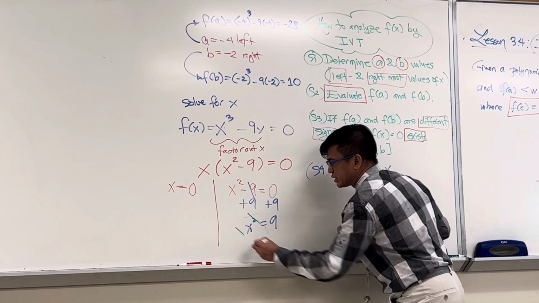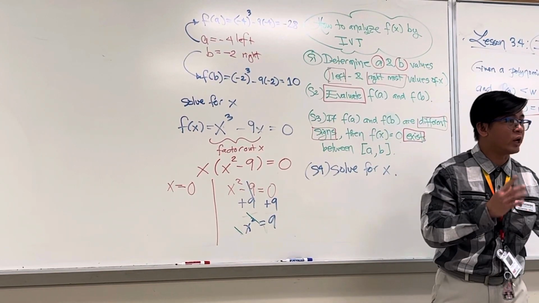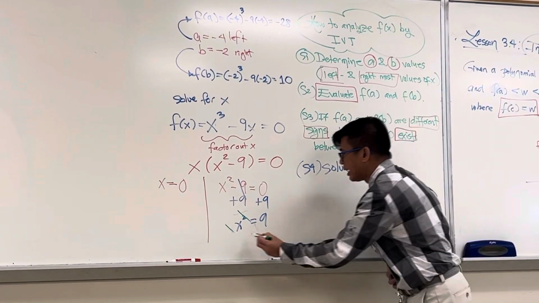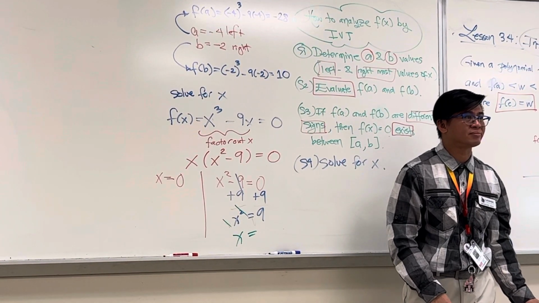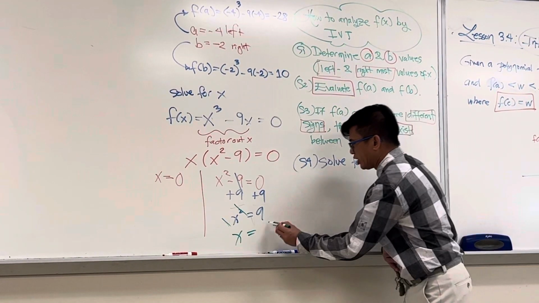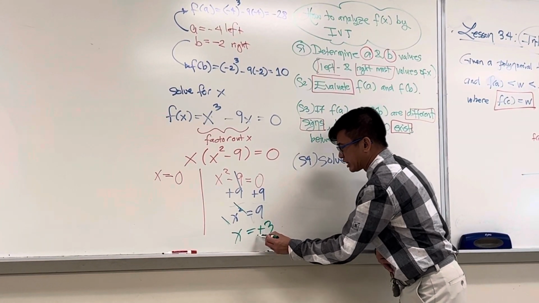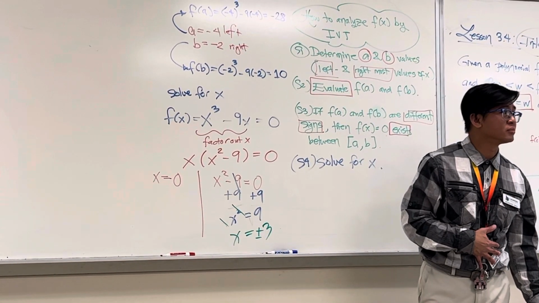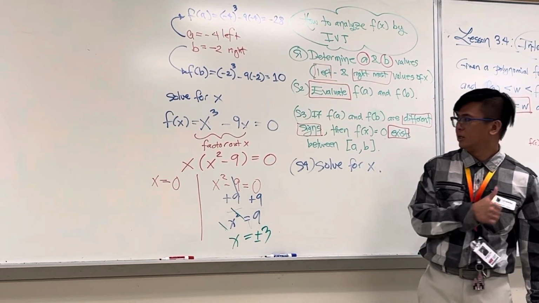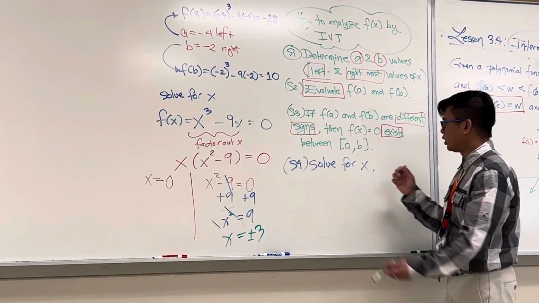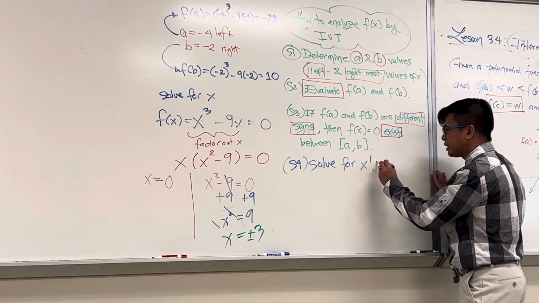And definitely, since x squared and the square roots are inverses, you can cancel them out. But in here, square root of 9, what's that going to be? 3. Very good, Edward, right? 3. But again in here, do not forget the plus or minus. Are we good? Get it, guys. So we have solved for x, in this case, x's, right?